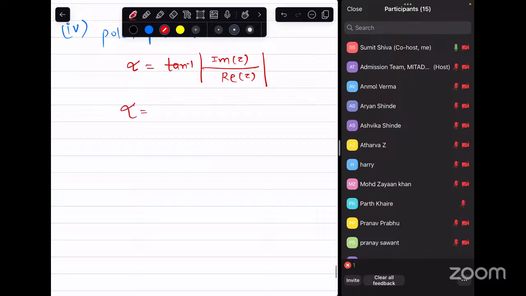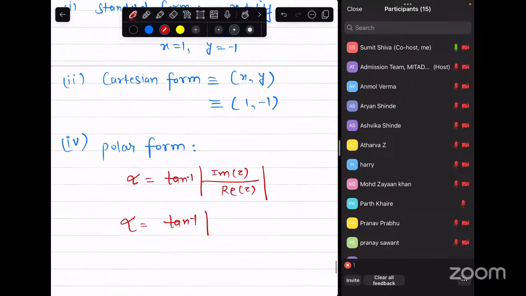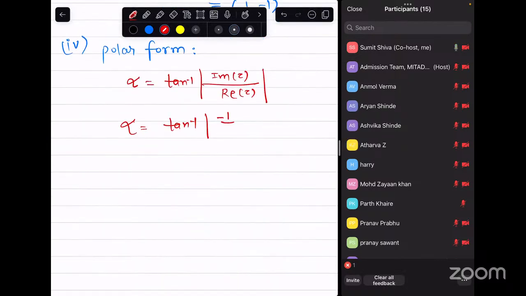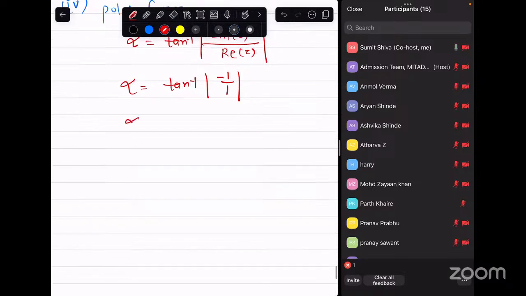What is the imaginary part in this question? Yes, imaginary part is −1. Real part is 1. So alpha will be tan inverse 1, which is pi by 4.